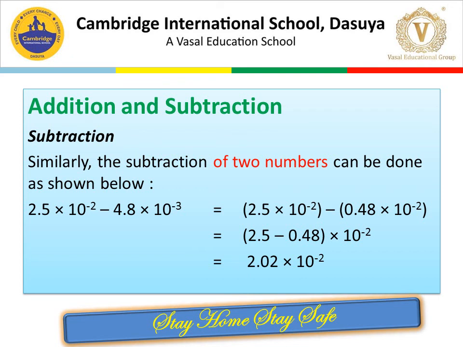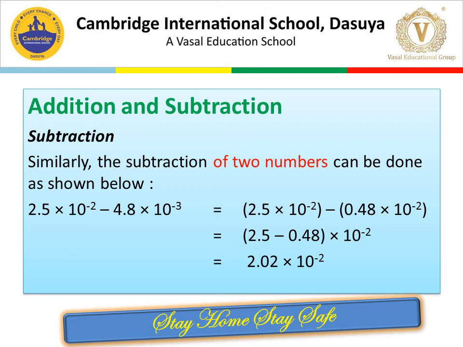Now similar to the addition, the subtraction is also done. Here we have taken two numbers, 2.5 into 10 power minus 2 minus 4.8 into 10 power minus 3. That means 4.8 into 10 power minus 3 is being subtracted from 2.5 into 10 power minus 2. What we do is first we will make the powers equal.